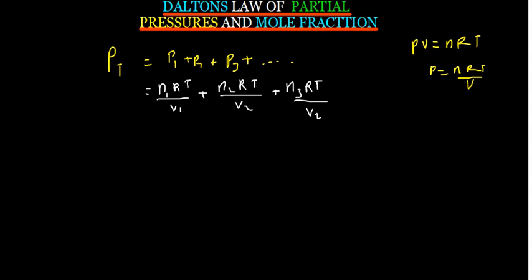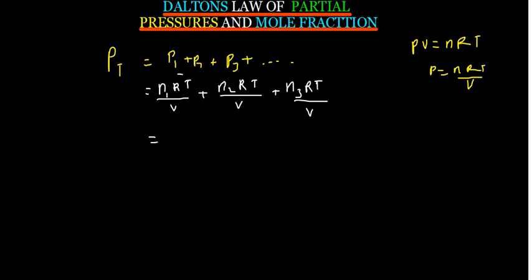The container's volume is also not changing, so the volume remains the same, and I'm going to remove the 1, 2, and 3 there too. What can change is the number of moles of gas, because they're in the same volume and at the same temperature.